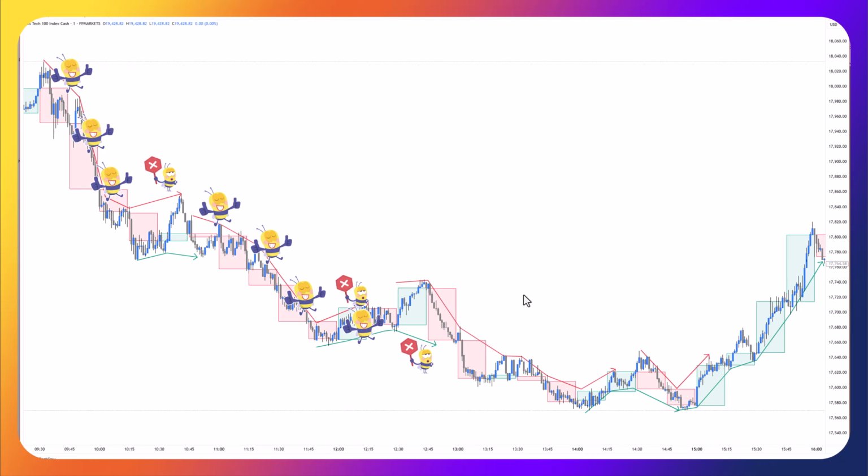Because at the end of the day, if you have any kind of psychological problems, random trading, entering early or entering late, you have to fix that stuff to be able to control the outcome, which is out of our control in trading.